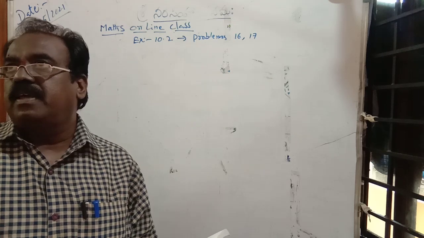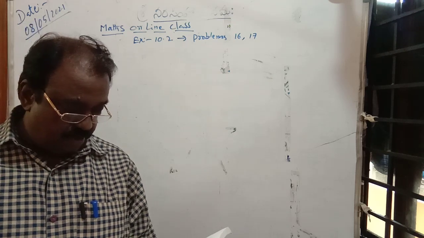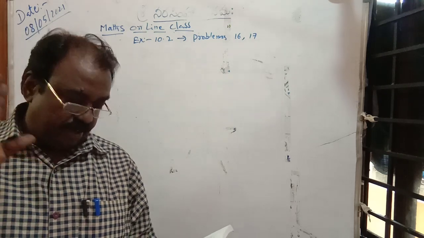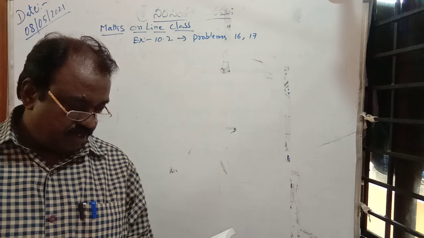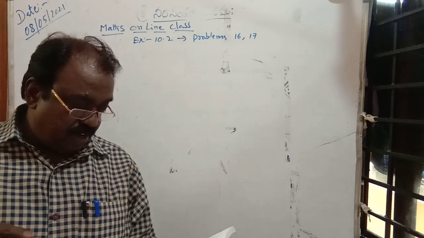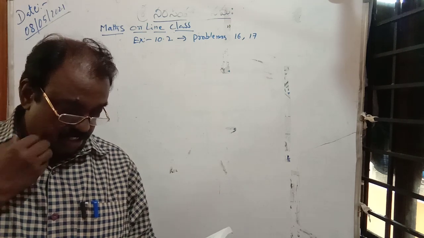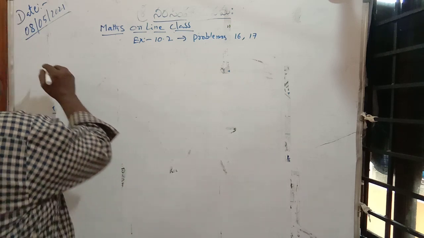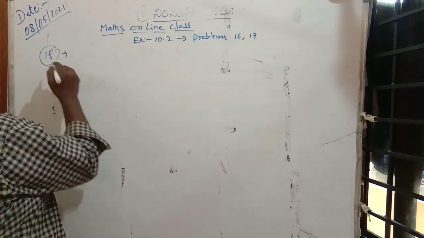P(a, b) is the midpoint of a line segment between the axes by the line. That is the thing. The midpoint of a line segment between the axes. Then show that the equation of the line is x by a plus y by b is equal to 1. Very good concept. It is the 18th problem.